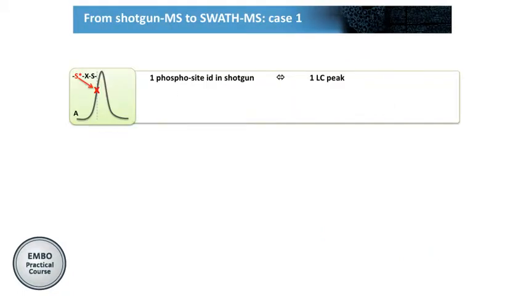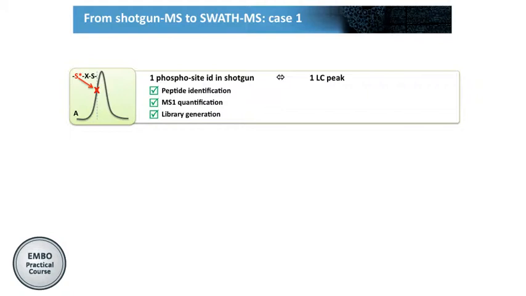So let's take a case like this. This is the elution of a certain peptide of interest, and we had a shotgun event. We identified this site as the localization, and now we say, well, this localized peptide is eluting on this peak. This was in some shotgun run. We have one site identification, one peak, and this is very easy because we're going to have a nice identification.